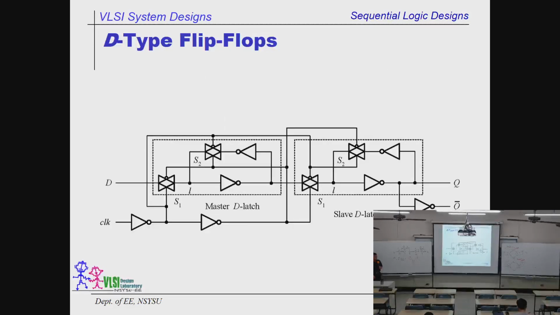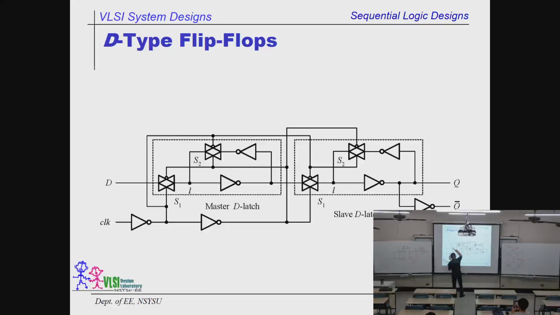And this is the one I just showed you, exactly the same. The only difference is I use a simple way to represent it. You see that? This is the first stage, the master D-latch. This one is controlled by the clock. This is clock bar, sorry. And this is driven by the clock.